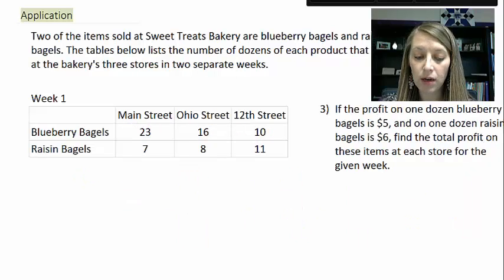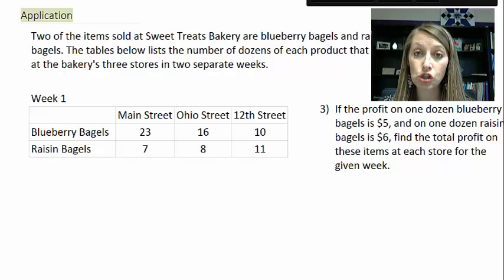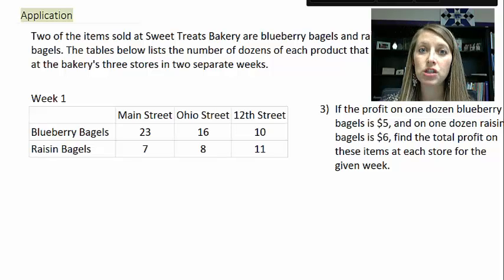Same information, another application is if the profit on 1 dozen blueberry bagels is $5 and the profit on 1 dozen raisin bagels is $6, find the total profit on these items at each store for the given week. So how do we fit that into this matrix math that we're trying to do here?